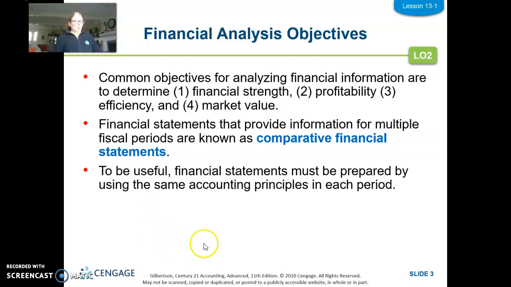But this last bullet point is kind of the key on this slide. To be useful, financial statements must be prepared by using the same accounting principles in each period, meaning in year 1, year 2, year 3, if I choose to use straight line depreciation to depreciate my assets, I have to stick with that the whole time for comparative purposes.